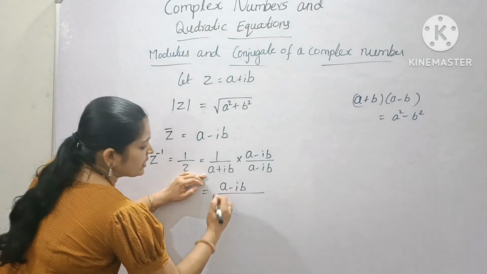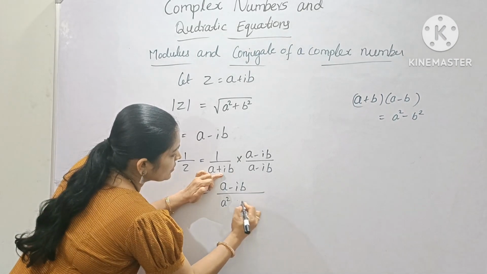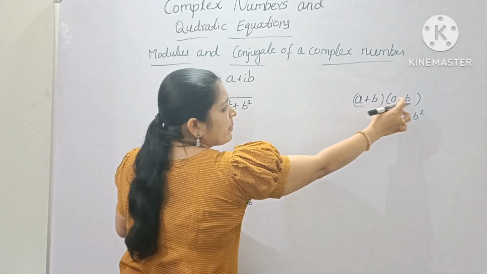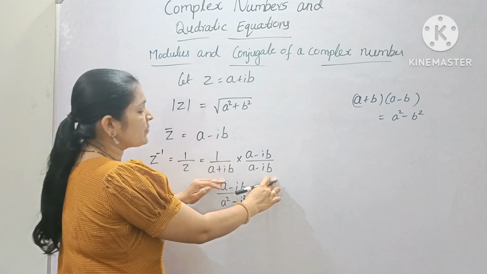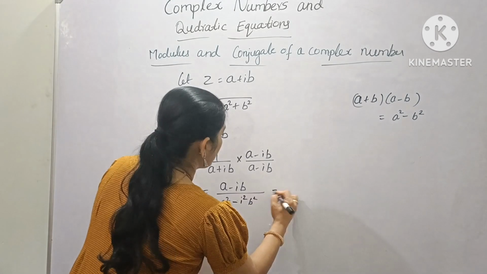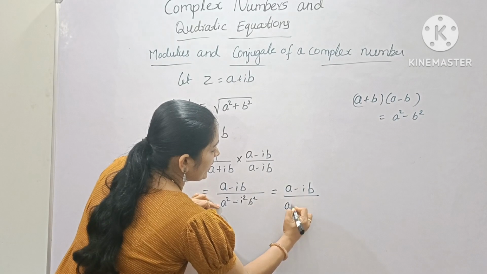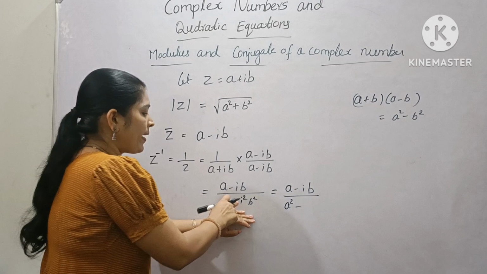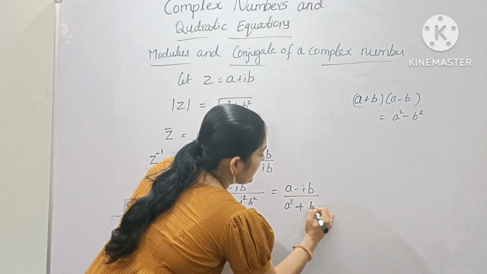So a plus ib into a minus ib is a square minus i square b square. Then what is the value of i square? i square is nothing but minus 1. So minus 1 into minus, it will become plus. So a square plus b square.